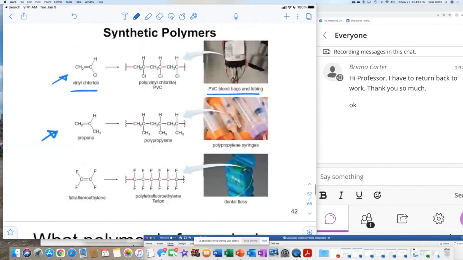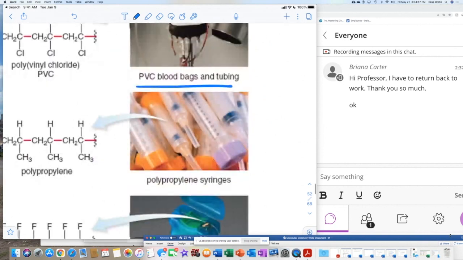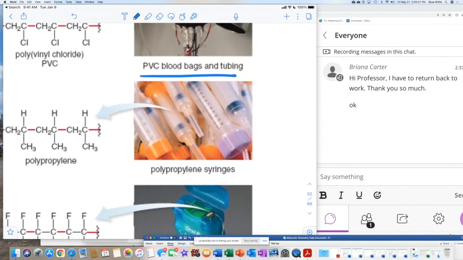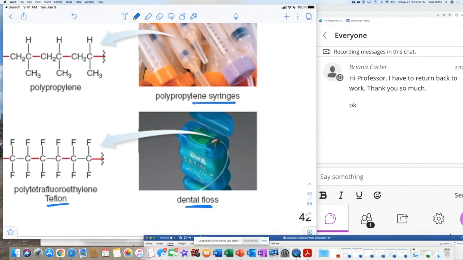PVC is also used as blood bags and tubing for dialysis, IVs in the lab in the hospital. Polypropylene is not used for plastic, that's polyethylene. Polypropylene is used for syringes. And then you have Teflon that's used as dental floss and different things at home.